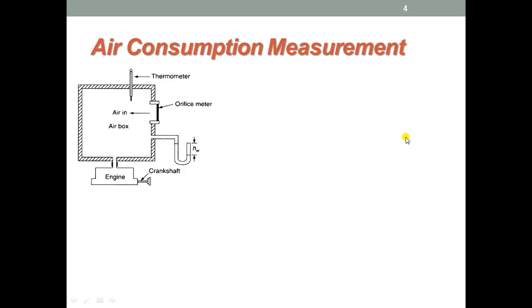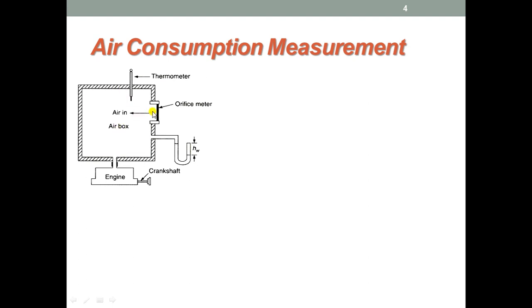Next is air consumption measurement. For this, an airtight chamber with a sharp edged orifice is used. The orifice is situated away from the suction of the engine. A rubber diaphragm is provided in the airtight chamber to reduce the pressure fluctuations.